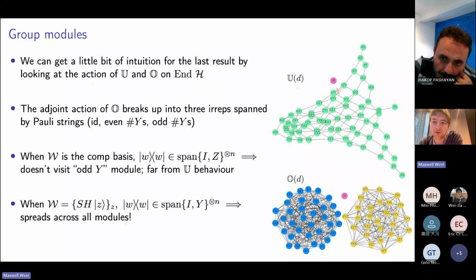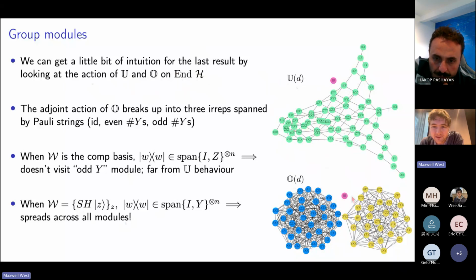This is always true. And then it turns out that all the other operators all live in the same module. But in the orthogonal case, if you do a little bit of representation theory and ask what's the decomposition into modules, you find that actually there are 3 components instead of 2.